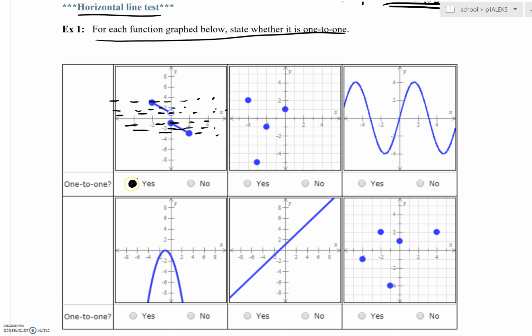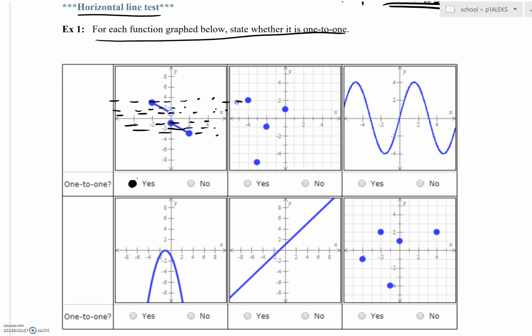This would be one-to-one. Okay, as long as any horizontal line doesn't have 2 or more intersections, we're going to say that we're good. It's very much like the vertical line test, but now just flipped left to right. Okay?